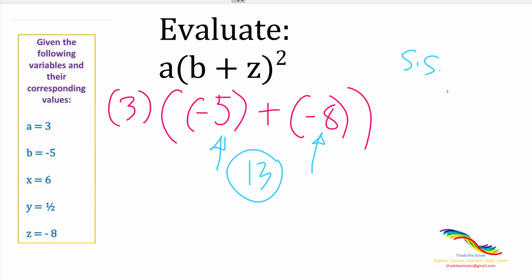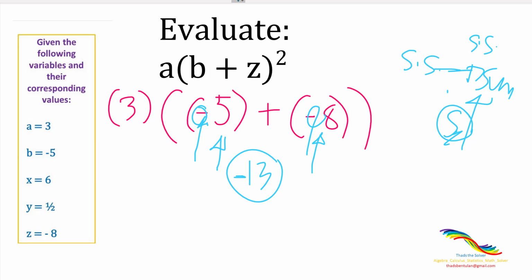SS, same sign, you take the sum and you follow the sign. In this case, the sign of the two numbers is negative, so therefore the sum is negative. So -5 plus -8 is equal to -13.